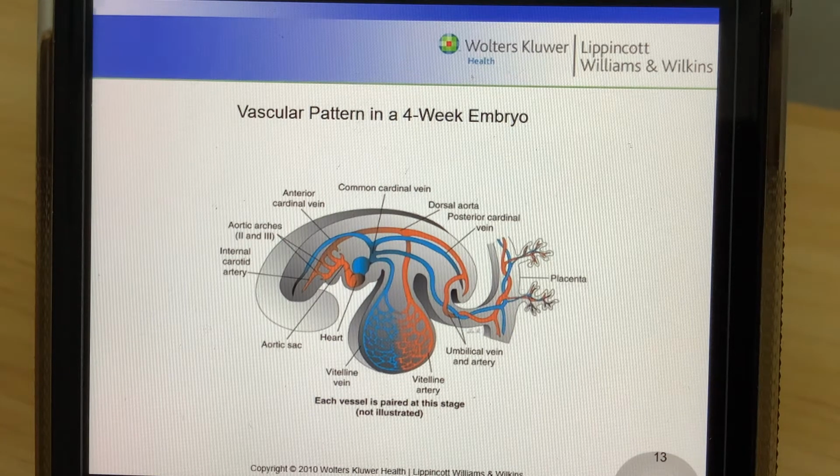If this is our aorta, the red one, they arise from the aorta, and later their connection is via the common iliac arteries. After birth, the proximal segments of the umbilical arteries are retained as the internal iliac and superior vesical arteries. The distal portions become fibrous and form the medial umbilical ligaments.